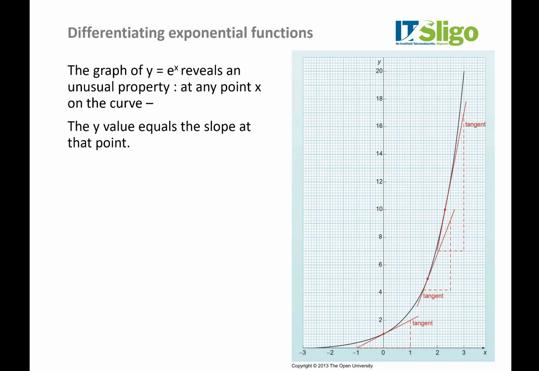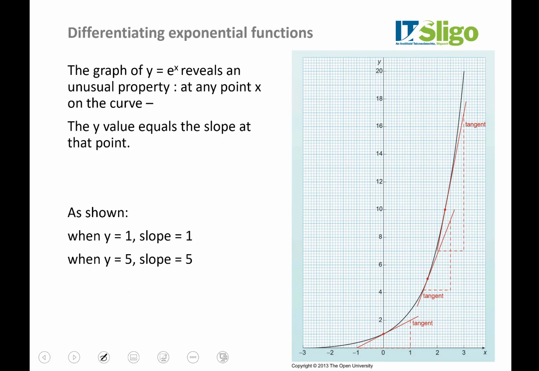So if the output is 1, then the slope is 1. When the output is 5, the slope is 5. When the output is 10, the slope at that point, if we were to draw a tangent and get the slope at that point, would be 10.